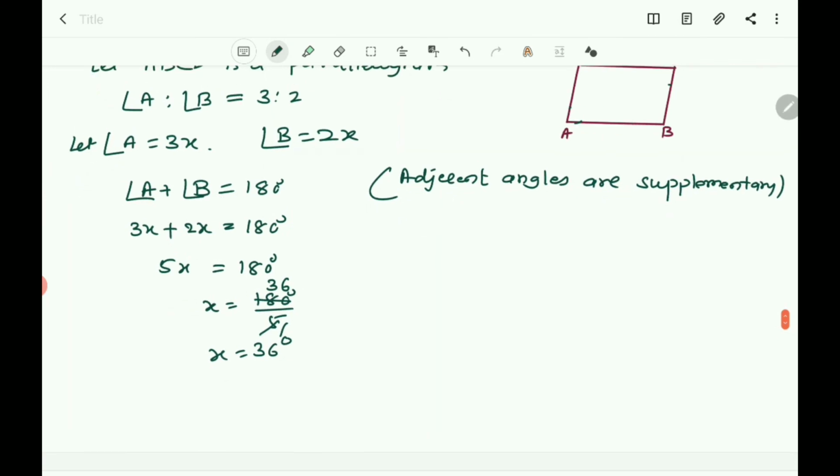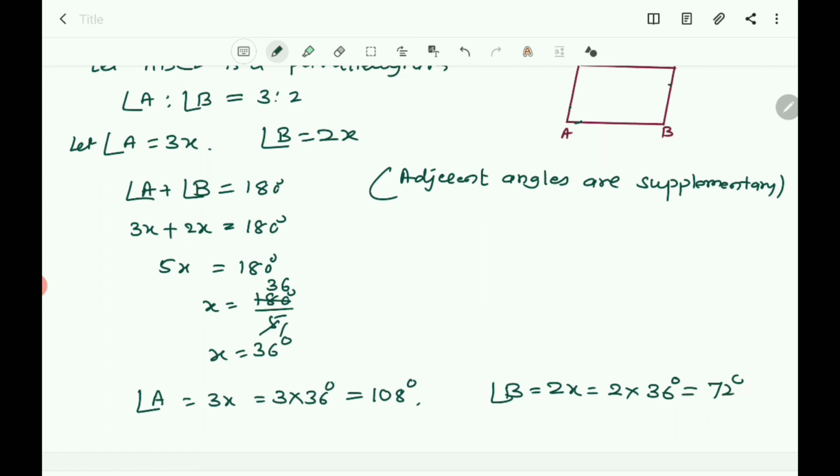Angle A is 3x, that is 3 into 36 degrees, which is 108 degrees. Angle B is 2x, so 2 into 36 degrees is 72 degrees. And with angle A being 108 degrees and angle B 72 degrees, the remaining two angles are 108 degrees and 72 degrees.